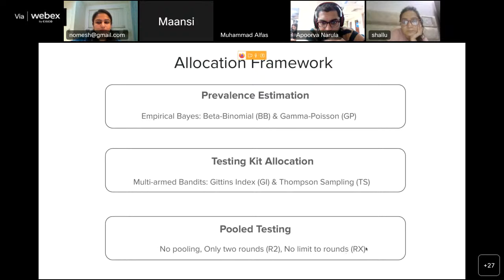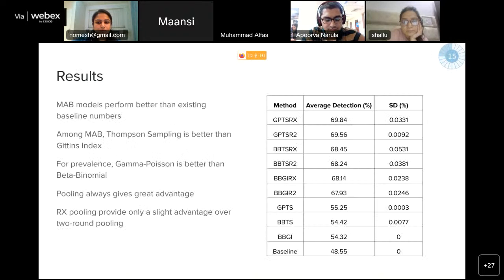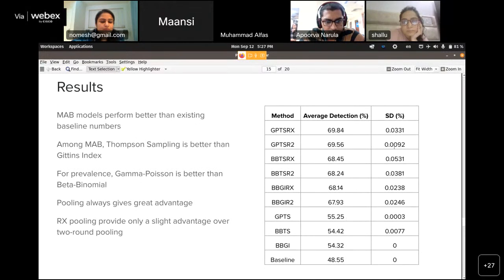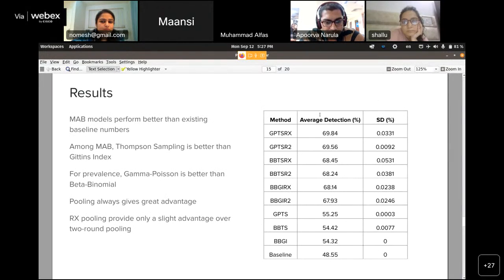That is, we need to find out the value of X. So the first two letters denote the prevalence estimation method, the second two letters denote the multi-armed bandit allocation method we used, and the last two letters denote the pooled testing scheme, like how many rounds of pooling. If there are no last two letters, that means there is no pooling. I hope it is clear. Yeah, thank you.